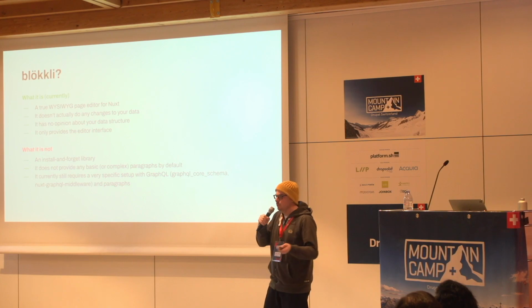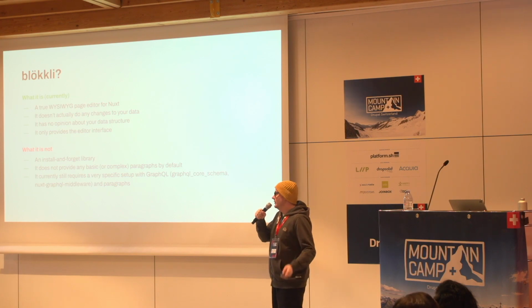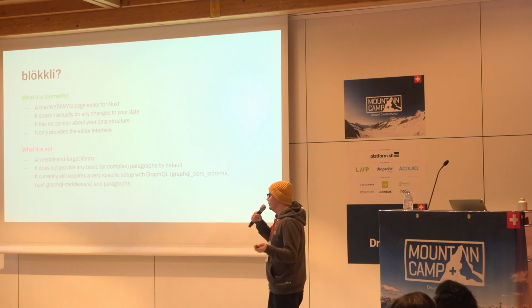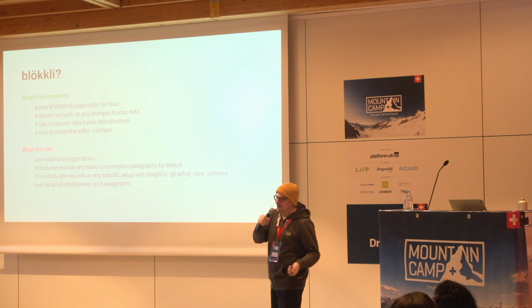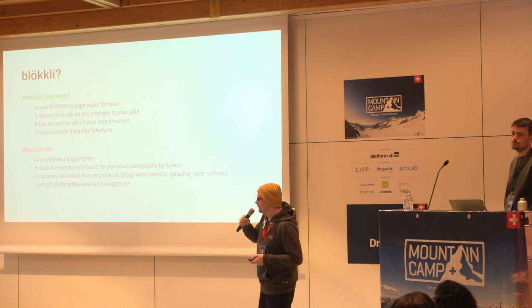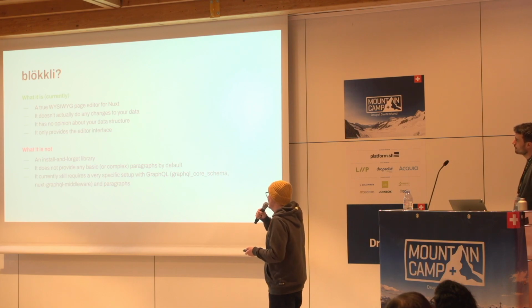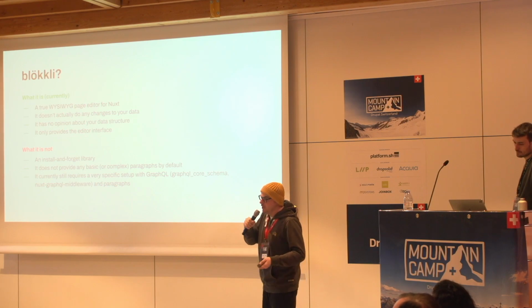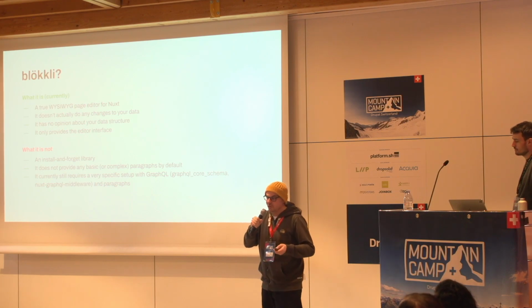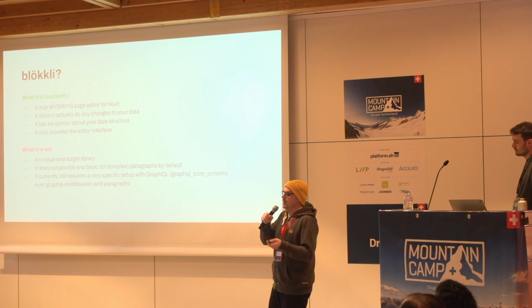I mean, there are Drupal modules for it, and there are plenty of components you can just enable, but Blokkli is not that. It also doesn't provide any paragraphs, so it's really do it your own. And also, unfortunately, currently it still works more with our own specific setup. That means with GraphQL, specifically GraphQL core schema, and also with Nuxt GraphQL middleware, which is like a GraphQL module for Nuxt, and with paragraphs.